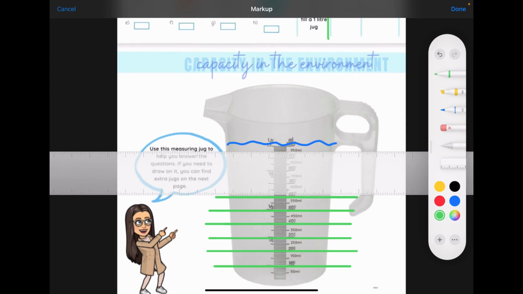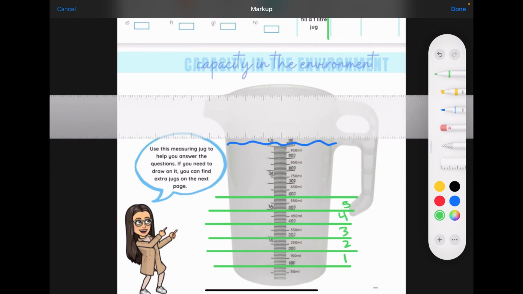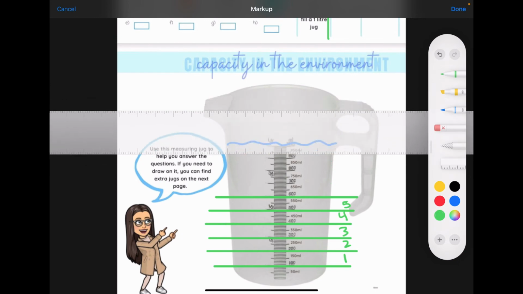So far I have 1 cup, 2 cup, 3 cup, 4 cup, 5 cups. So if you said that we could only fill 5 cups or 5 ladle spoons that have a capacity of 100 mils, you are incorrect because we still have all of this water left to go. So let's keep filling up our ladle spoon.